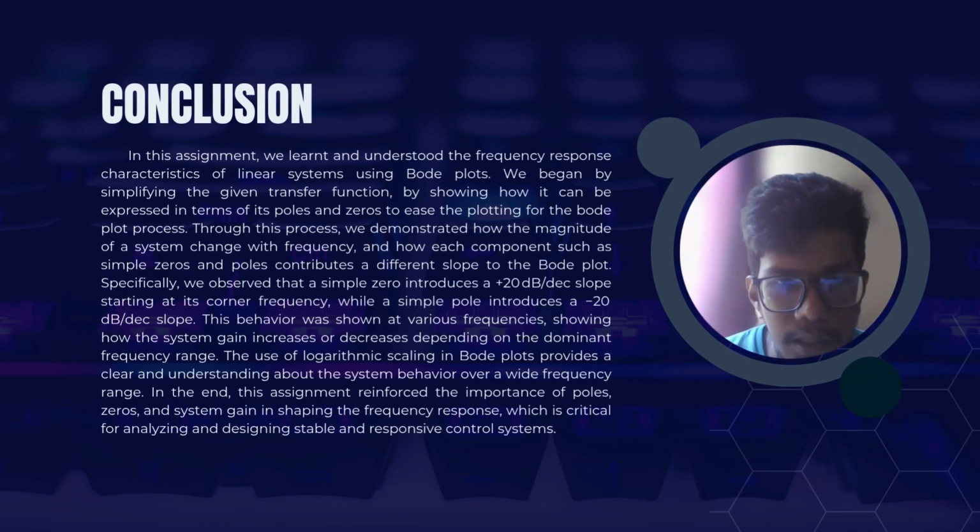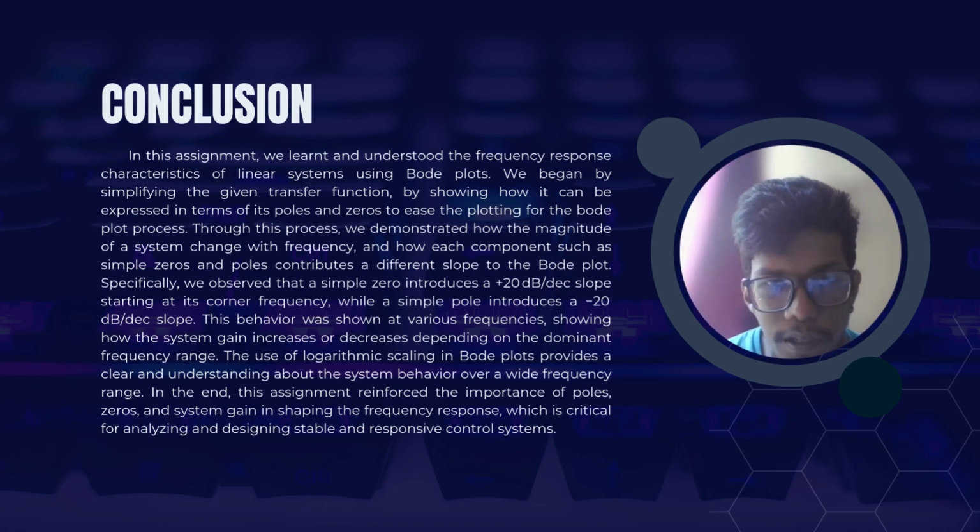In conclusion, in this assignment, we learned and understood the frequency response characteristics of linear systems using Bode plots. We began by simplifying the given transfer function, showing how it can be expressed in terms of its poles and zeros to ease the Bode plot process.